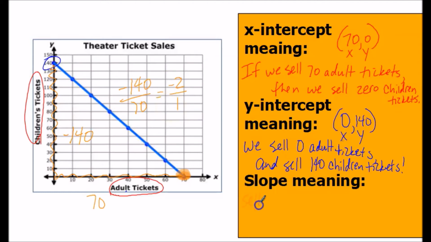So sell 2 less children's tickets per adult ticket sold. Let's make sure. So we're selling 2 less because it's negative, and this is positive. So for every adult ticket we sell, we're selling 2 less children's tickets, pretty much.